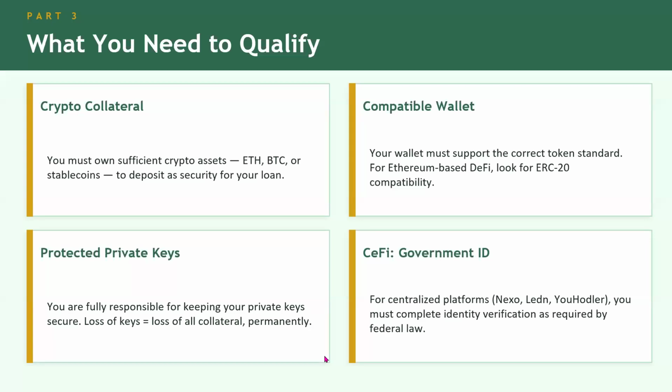Okay, part three. What do you need to qualify? Crypto collateral. You must own sufficient crypto assets, ETH, BTC, or stablecoins, to deposit as security for your loan. Compatible wallet. Your wallet must support the correct token standard. Protect your private keys.